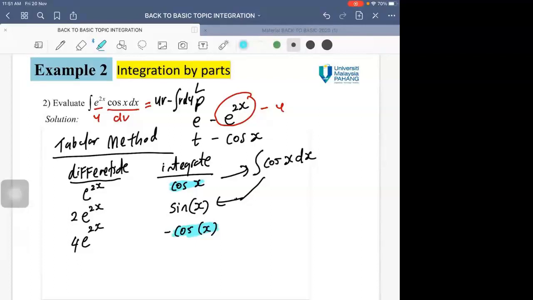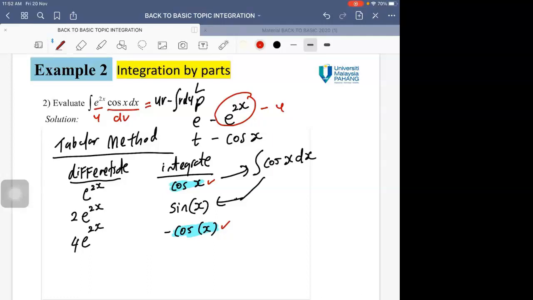If you differentiate or integrate, both never 0. So it will never stop actually. So we stop our tabular method when you start with cos, do the integration, and get cos x again. Then you stop your tabular.